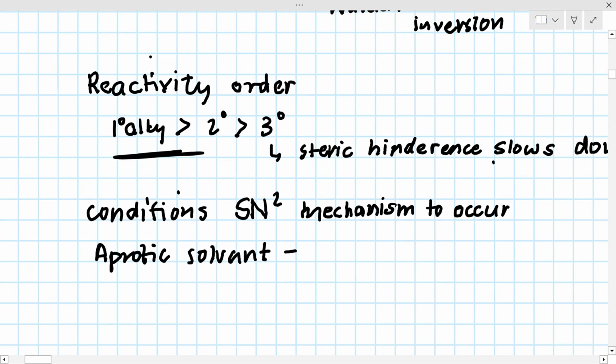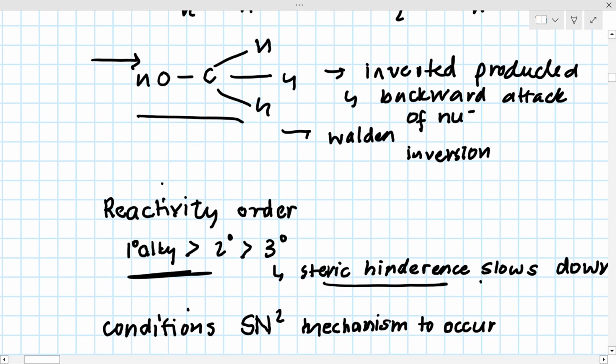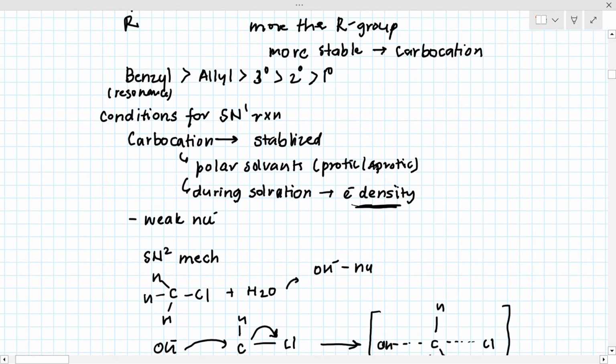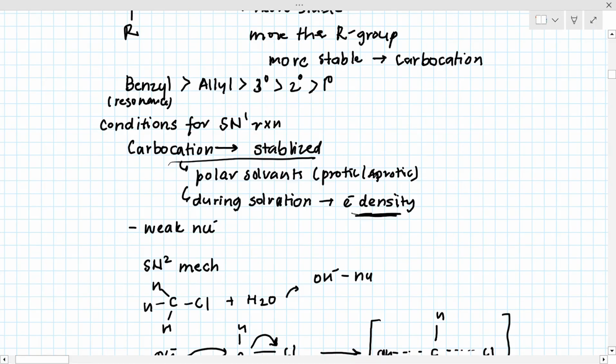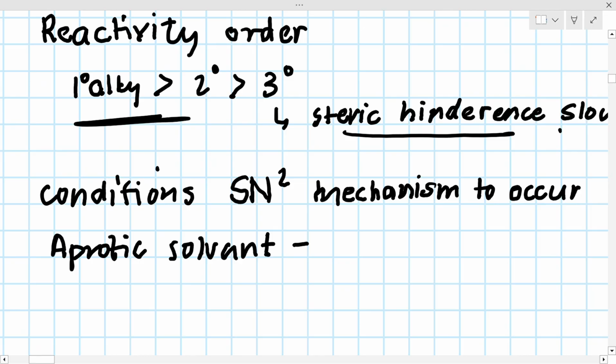So here what we have to achieve is to provide less steric hindrance. In the SN1 case, our achievement is that the carbocation should be stabilized. Whatever we do in that reaction, our main goal is to stabilize the carbocation. Here, our main goal is to give less steric hindrance.